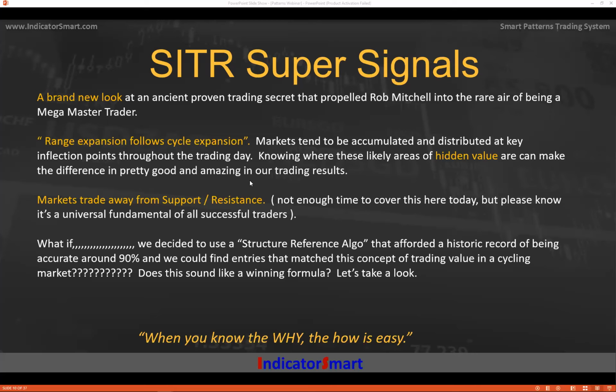He said, well, I'm successful pretty much every day now. And I went, okay, what changed? And he said, I started marking this structure reference on my chart manually in mid-June, and immediately things changed. And since then, he's had one losing day of $100.